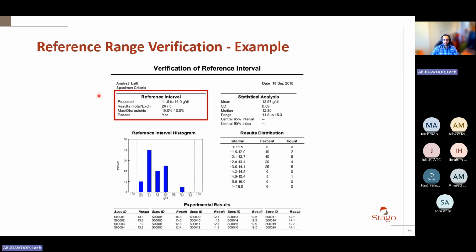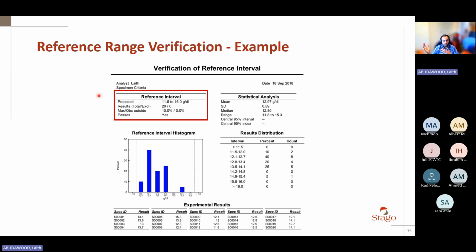Now, the current guidelines tell you very simply, you need at least 90% of the 20 samples to fall within the range for us to consider that the range has been verified. Okay, so you have 10% of the results outside of the range and 90% of the results must be within range. This way, I say my verification passes.